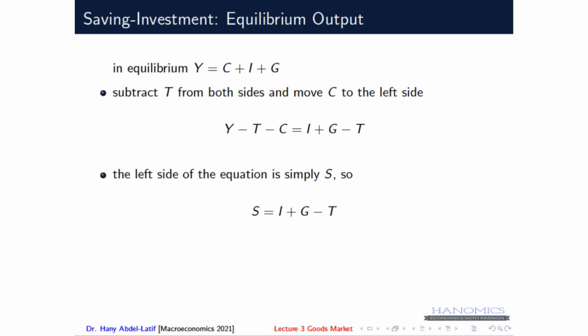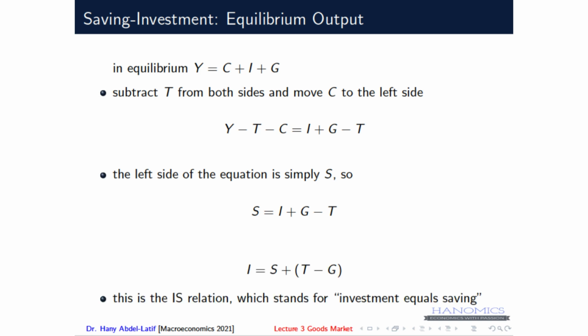So S equals I plus G minus T. And from here, we can rearrange this to reach the equation I equals S plus T minus G. This is the IS relation, which stands for investment equals saving. S here is private saving, and T minus G is public saving.